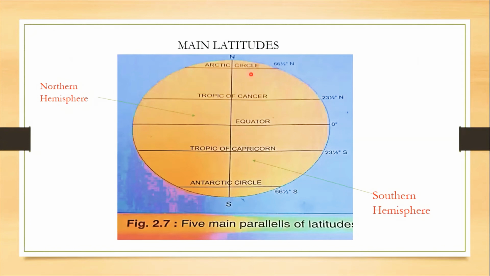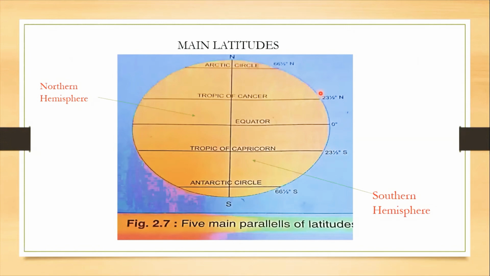And the next is Arctic Circle. You can see this is 66.5 degree north. That means this latitude from the center of the earth makes a 66.5 degree angle. Now in the southern hemisphere, you can see this line is the Tropic of Capricorn, that is 23.5 degree south, because this is in the southern hemisphere.